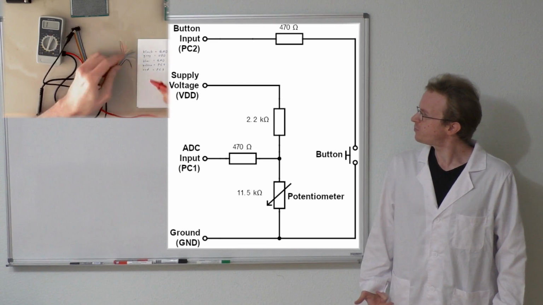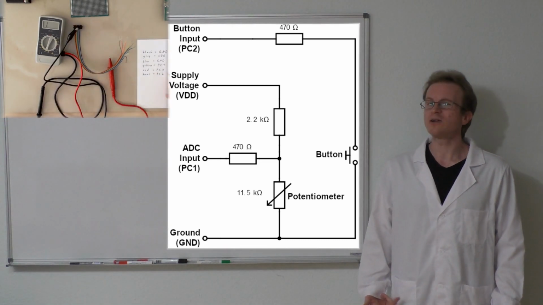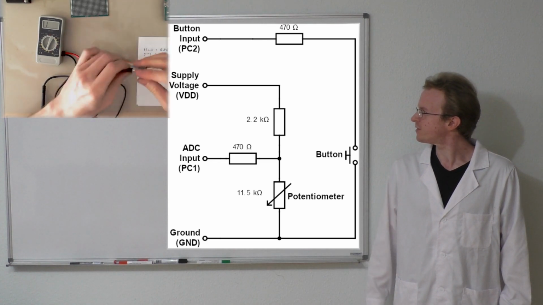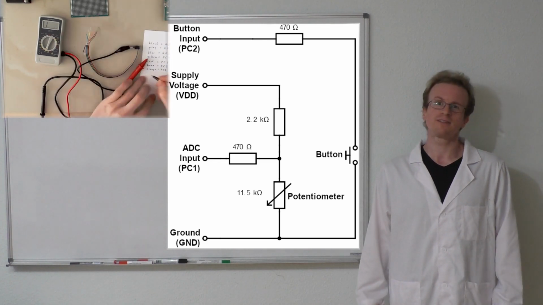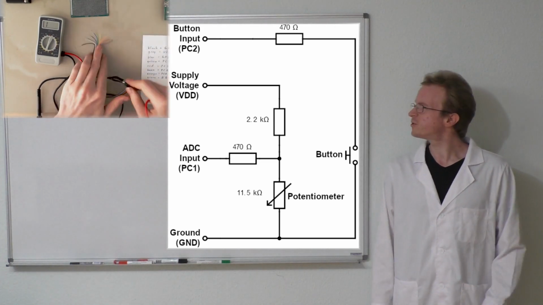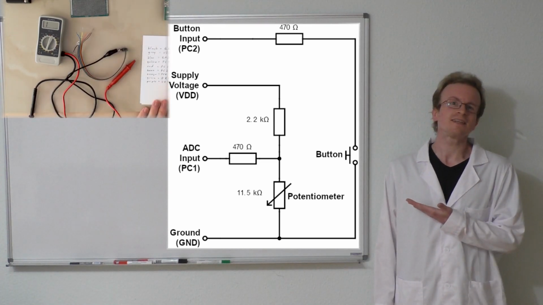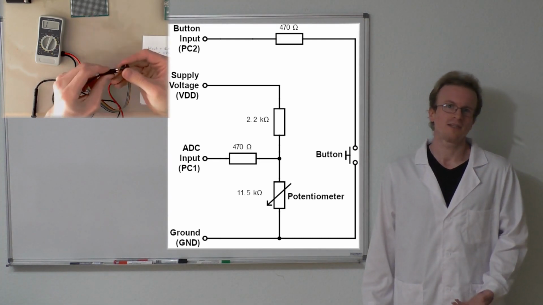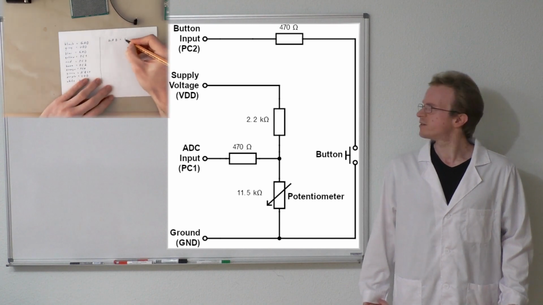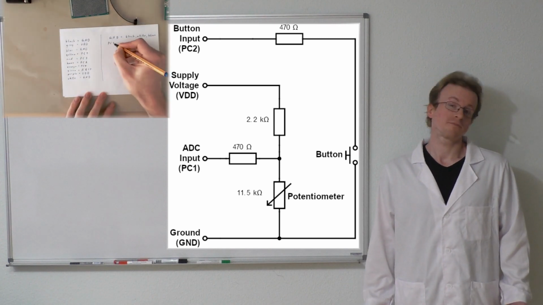Well, then the inputs could have a direct connection to ground when the push button is down or when the variable resistor just has 0 resistance. And if the microcontroller is misconfigured, that could lead to this circuit just sinking an unlimited amount of current. And that's not really good for common microcontrollers. So it's just a precaution.